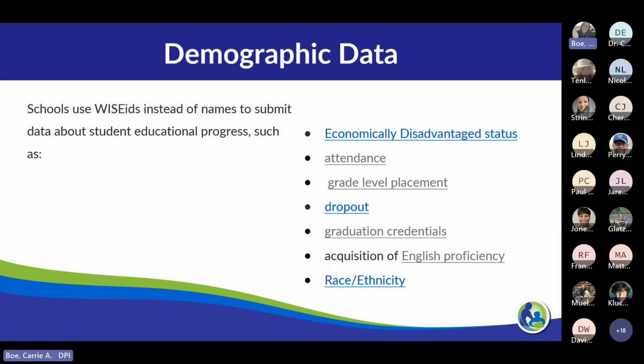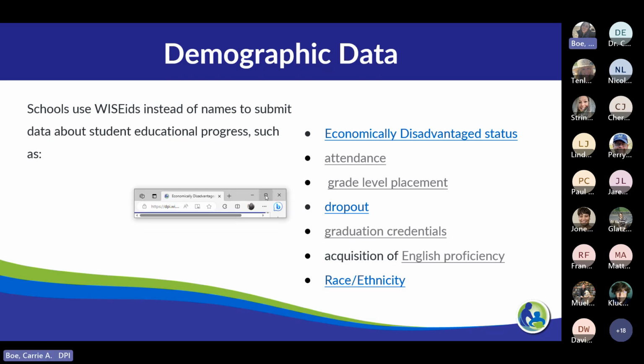All right, so we're going to break apart some of these other pieces that WISE ID is going to record. And then I'm going to talk about preparing your enrollment paperwork. So the first piece, let me get my laser pointer off, is the economically disadvantaged status. This is the demographic data that I was referring to earlier.